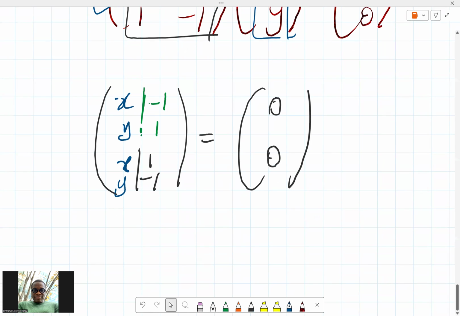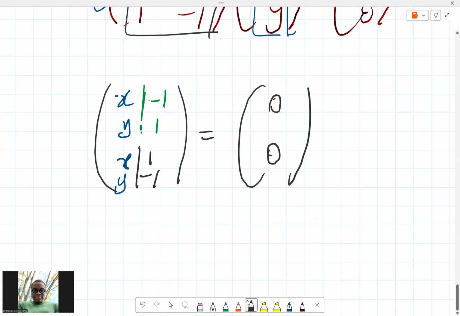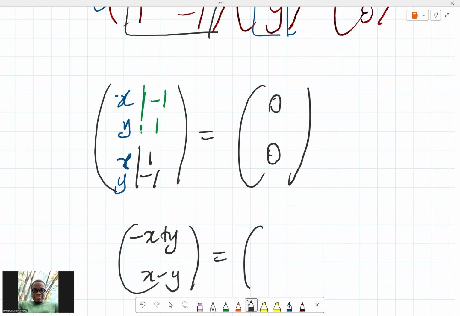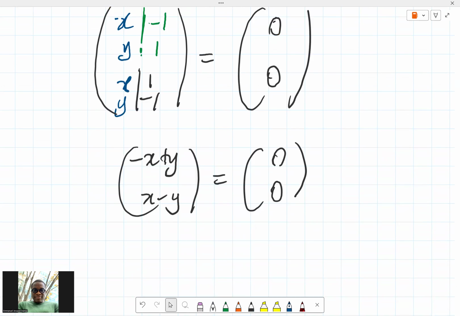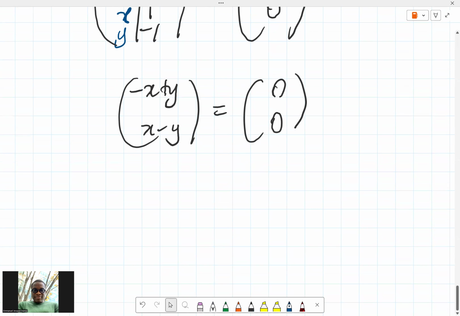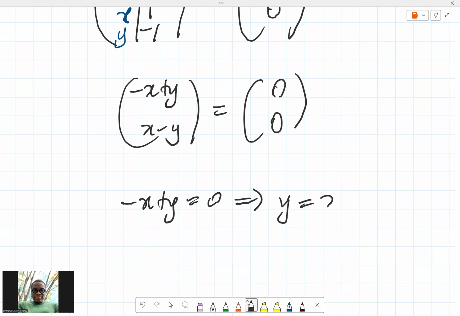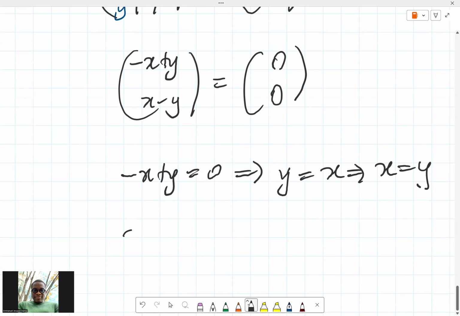Okay. So up there you have minus x plus y. Then here you have x minus y. All this equals 0, 0. So you see that you have minus x plus y equals 0. That implies that y is equal to x, meaning that x is equal to y. Of course, the other equation is just going to be exactly the same.